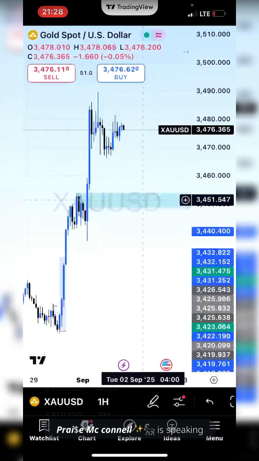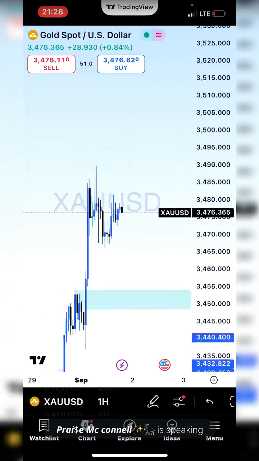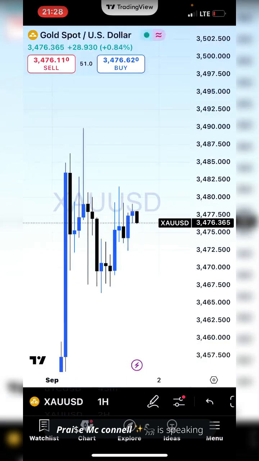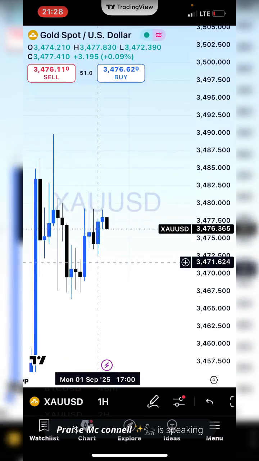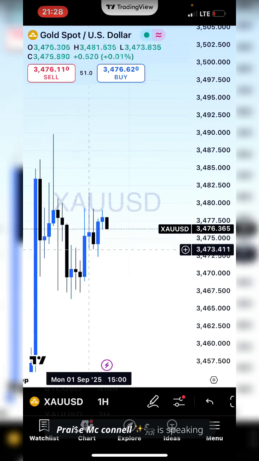So if I go to the 1 hour time frame, it's similar, but forget this zone here. If I zoom in closely, we can see that price is forming many structures here, and this was a break and retest.